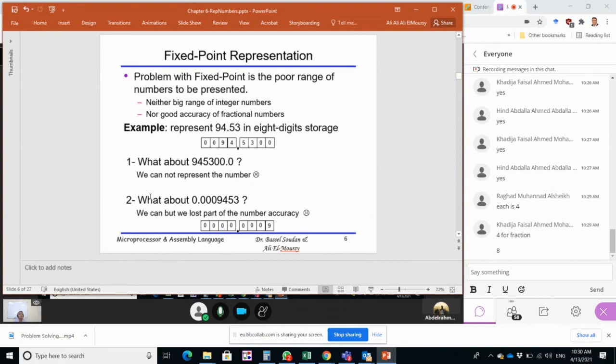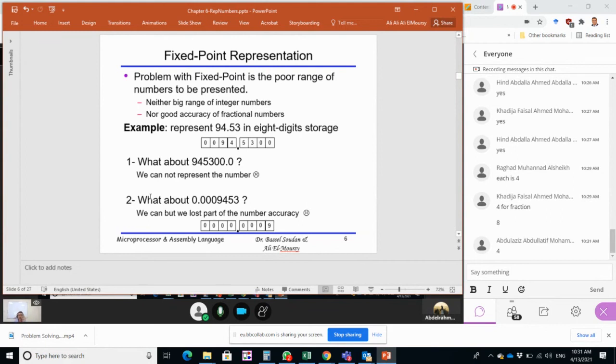The next thing that we need to notice here: the meat of this number contains how many digits? What are the significant digits in the number?